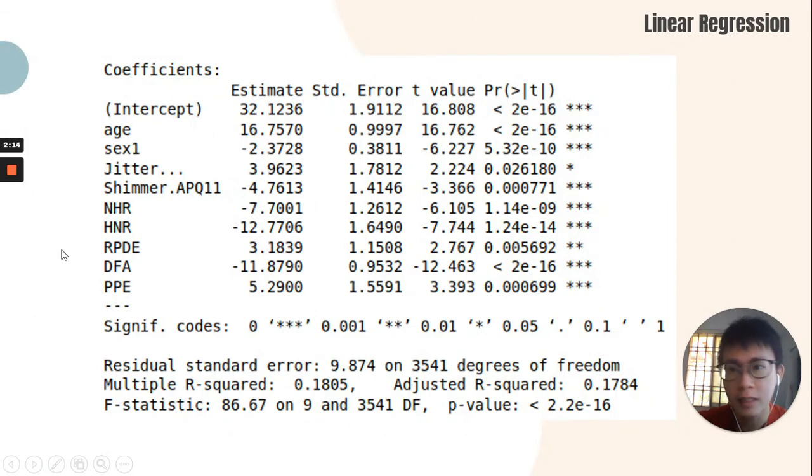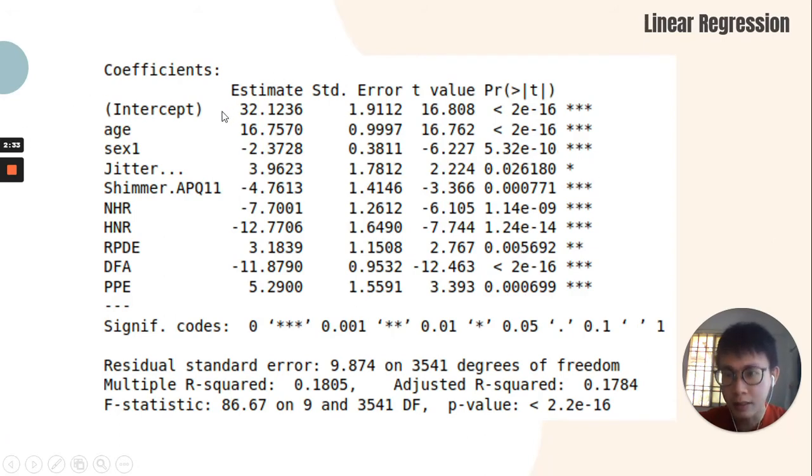So this is the summary of linear regression. As you can see, all the attributes or features are significant because the p-value for each attribute is less than 0.05.